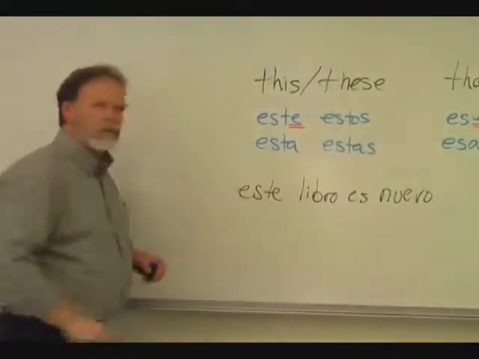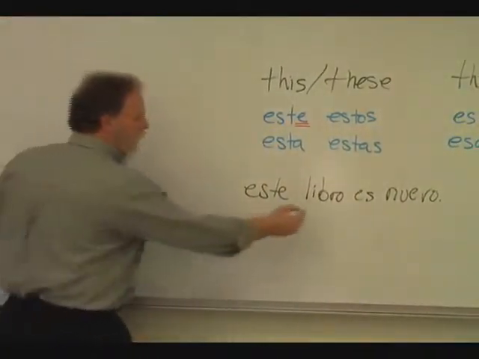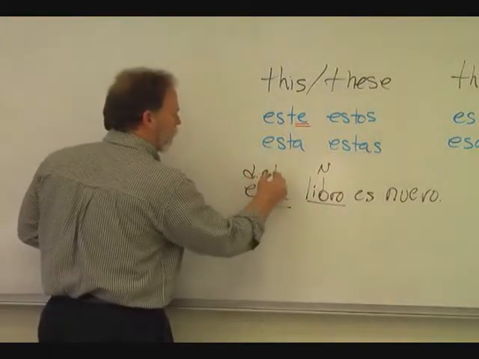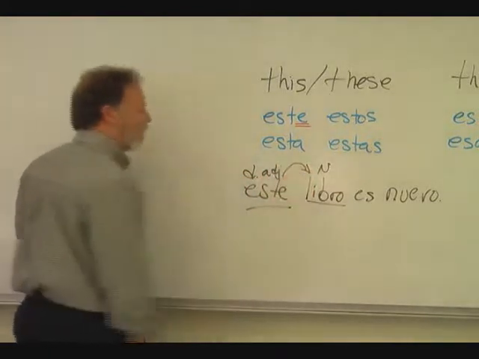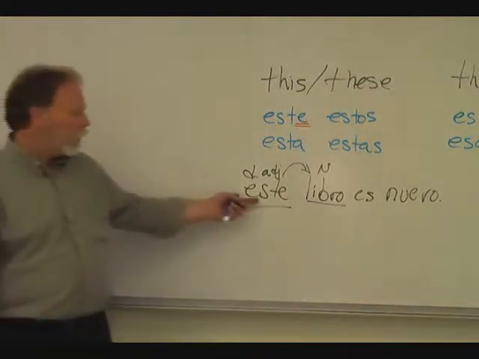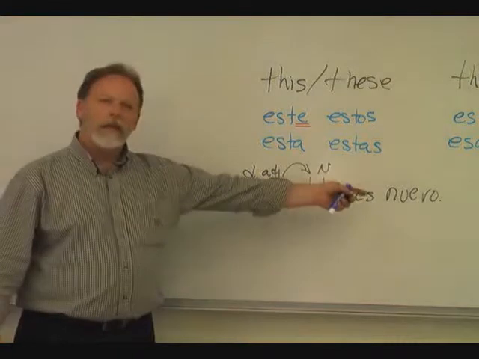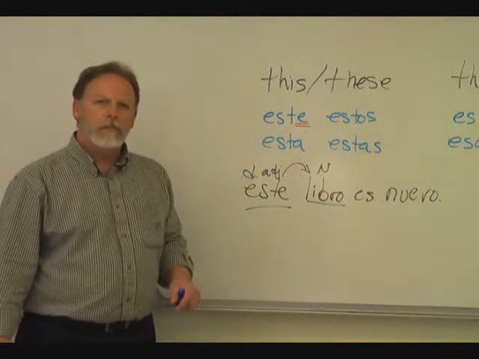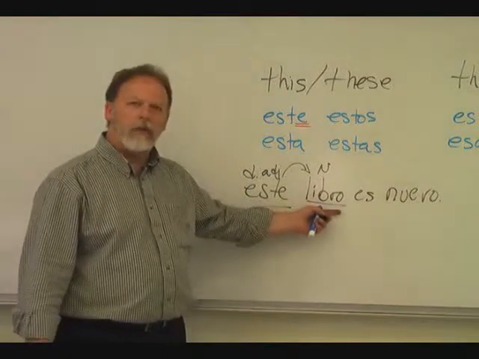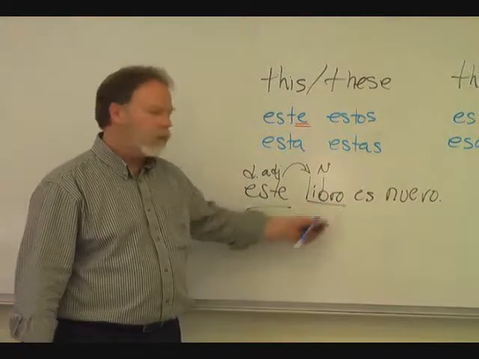This book is new. We have a noun and we have a demonstrative adjective that modifies the noun. But what if I want to say this one is new? Instead of using an adjective followed by a noun, I can use a demonstrative pronoun.